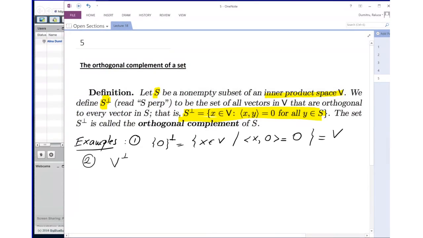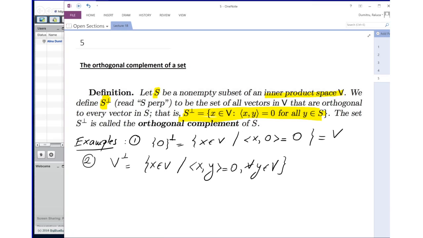Okay, so the other extreme case, what would be the orthogonal complement of V itself then? Well, I would need all those vectors in V with the property that they are perpendicular to any vector in V. Is there such a thing? Well, 0 works, right? The 0 vector has this property that the inner product between 0 and anything is 0.